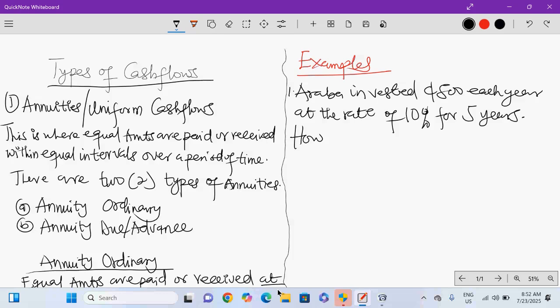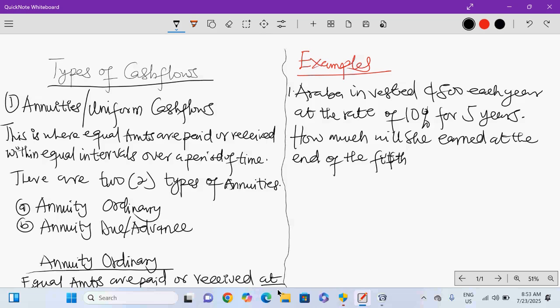How much will she earn at the end of the 5th year?